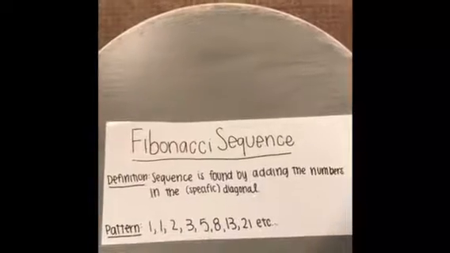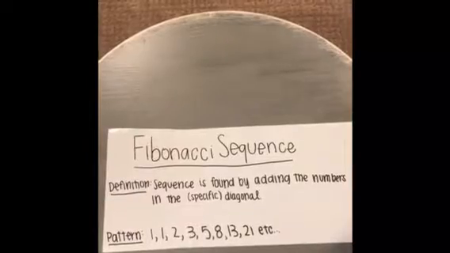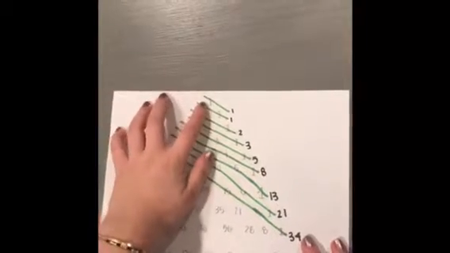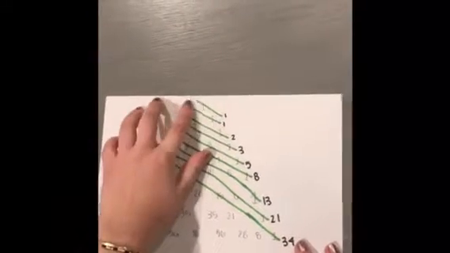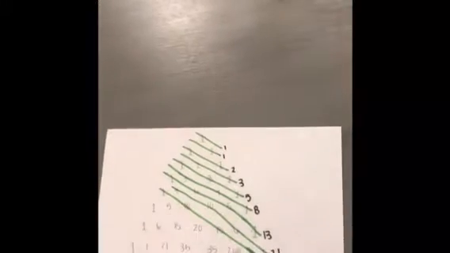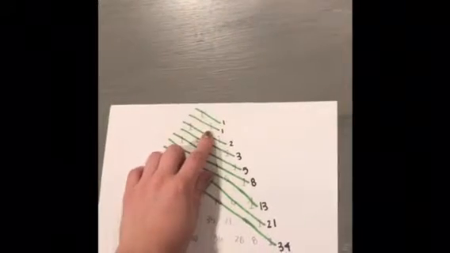This is the Fibonacci sequence. The definition is, the sequence is found by adding the numbers in the specific diagonal. It has to do with the diagonals and the triangles. So it starts out with 1, and this row of diagonals is just one number, 1. So the sum of that row would be 1. And so like this row, it doesn't start with a number, but it ends with 1.